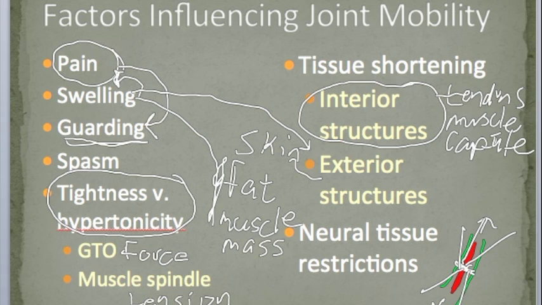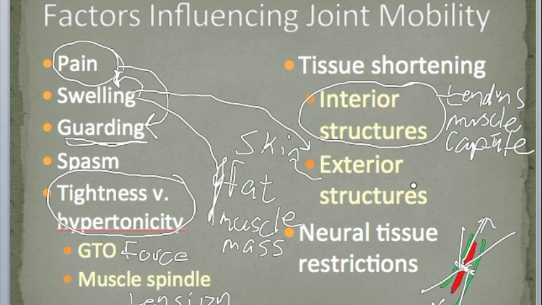So long story short, what can influence joint mobility? If the person has pain, if there's swelling in the joint, if there's guarding of the muscles or spasm of the surrounding muscles, that muscle can also be restricting movement because it is actually shortened. We're here into tissue shortening. That would be an interior structure.